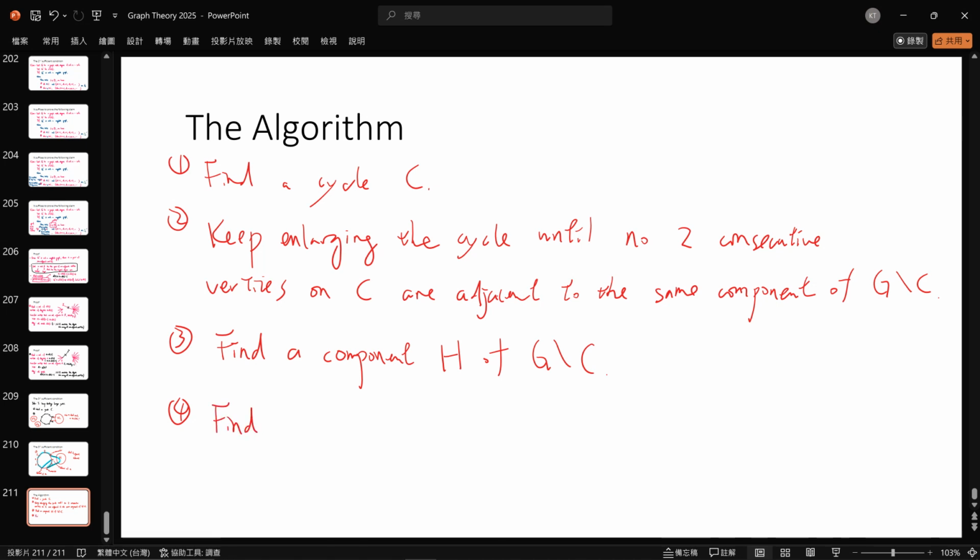So we find all the connectors, and assume that there are K connectors.